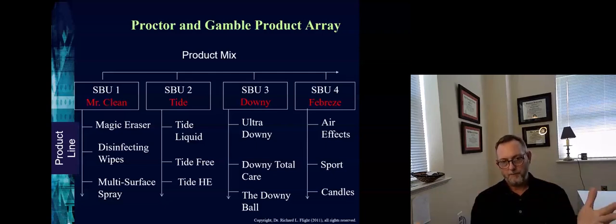Sometimes people call this whole thing a mix, but it's really a portfolio. And then going up and down, we have what we call the product line. And those would be all the individual products that are under the strategic business unit. Okay, and again, this company organizes themselves by brand.